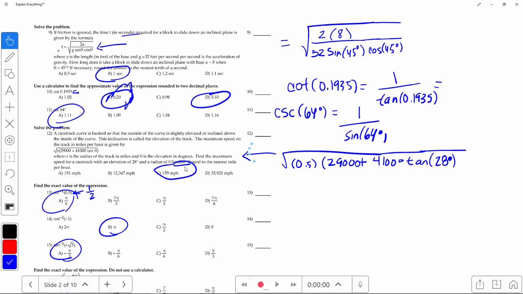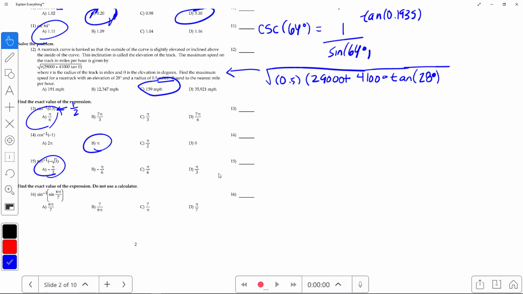This next one's kind of funny because it says, do not use a calculator. But these are the ones where you have to make sure what quadrant you're in. So I need to figure out where 6 pi over 7 is. If this is pi, I always go to pi because it's easy to put it in the same fraction denominator. So couldn't I make that 7 pi over 7? Sure I could.